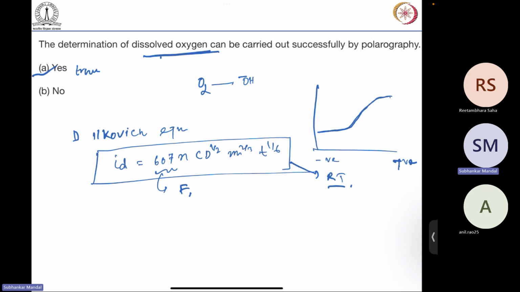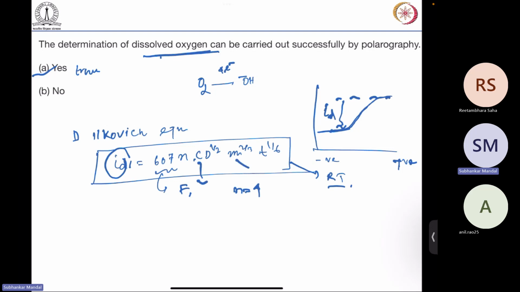From here you get the diffusion current ID. Then n, the number of electrons for O2 going to OH minus, is a 4 electron process. So n is equal to 4, and C, the concentration, you have to calculate.